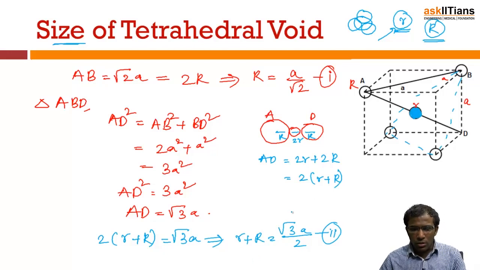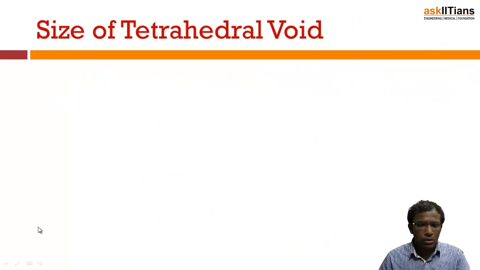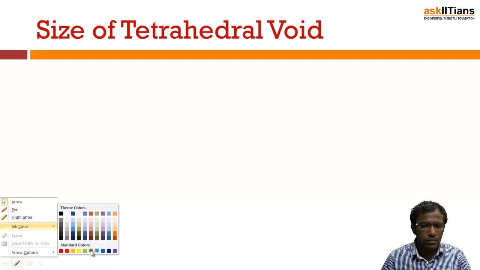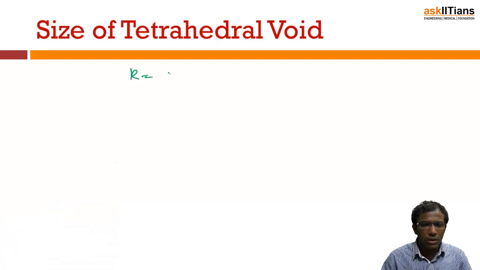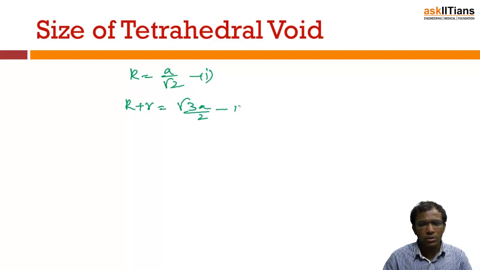So, from these two expressions you can find the correlation between r and R, that is the radius of the tetrahedral void in terms of the particle size. Okay. So, the first one is R is equal to a by root 2, and the second is R plus r is equal to root 3 a by 2.